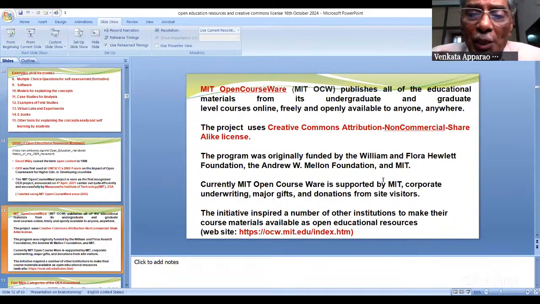Currently, MIT Open Courseware is supported by MIT from part of its revenue, part of its resources, then corporate underwriting, major gifts, even now, may not be those foundations. Other philanthropic organizations contribute, and also donations from site visitors, donations from the users.